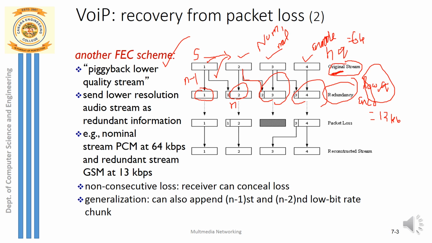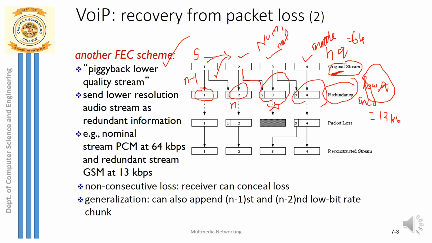Suppose when all these chunks are sent, somewhere in the network this third chunk is lost. You are sending the original stream 1 2 3 4, and you are appending that with the redundant low quality stream. So now this stream is sent over the network.